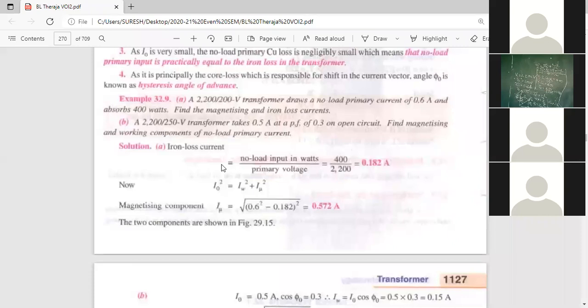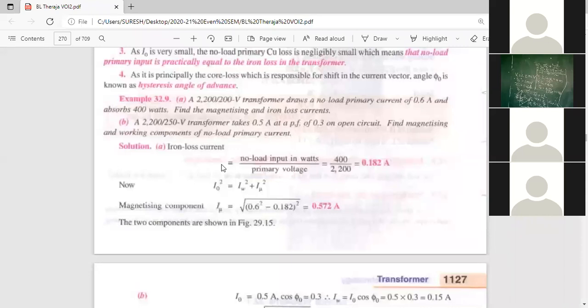Determine IM. It is 0.57. In your textbook also the same thing is given. On the screen it is visible, you can see that. 0.57 ampere.